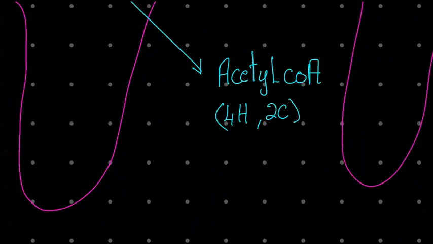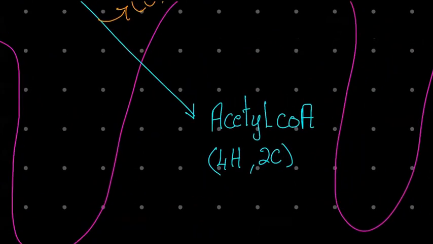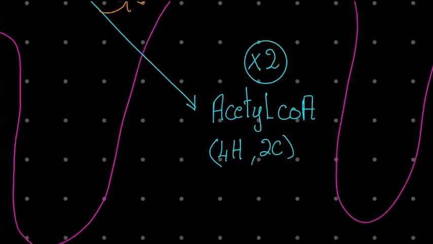So how many acetyl-CoAs would you have per glucose? 2. I've got 2 acetyl-CoA that are going to be formed from each glucose.